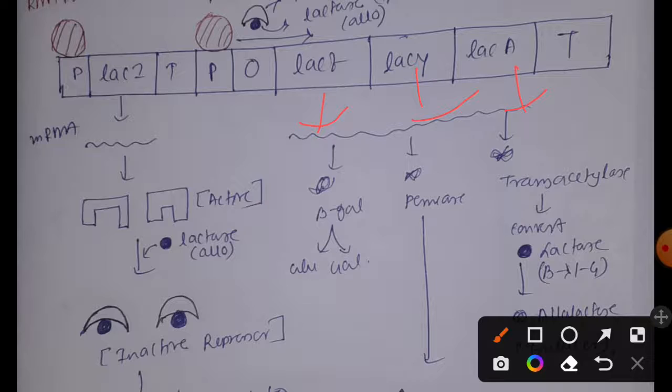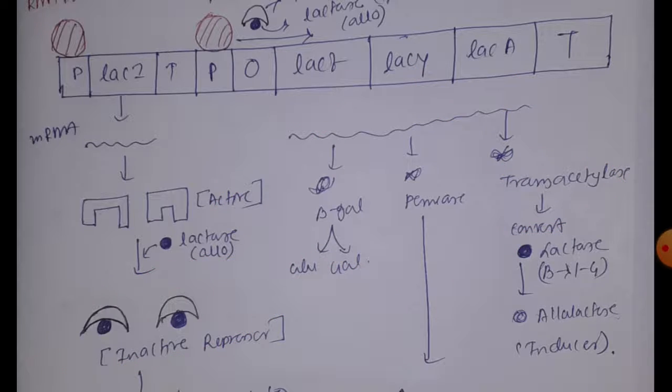Okay, so this small amount of trans-acetylase will convert the repressor protein into inactive repressor protein. Okay, remember one thing, lactose alone does not have the ability to inhibit the repressor protein, but lactose will first react with the trans-acetylase and convert itself into allolactose, and this allolactose will inhibit the repressor.